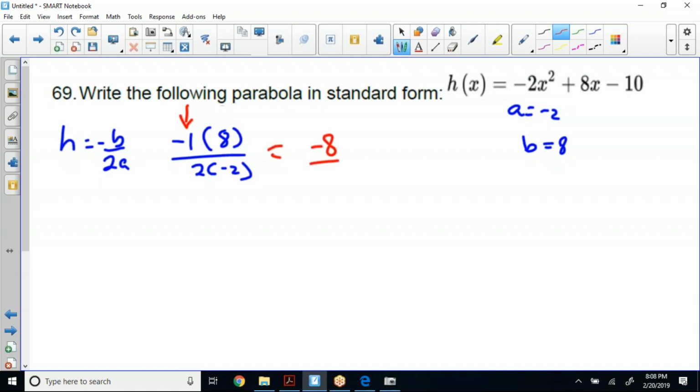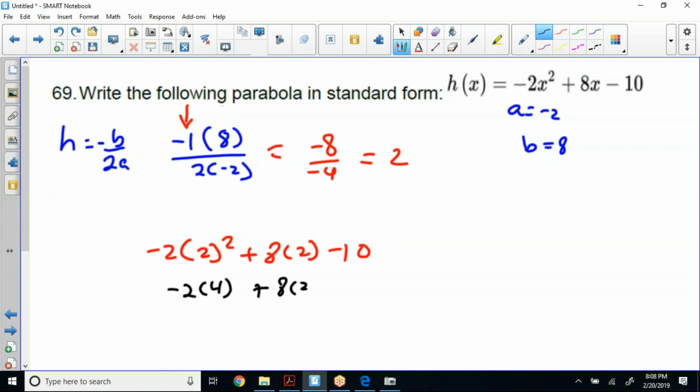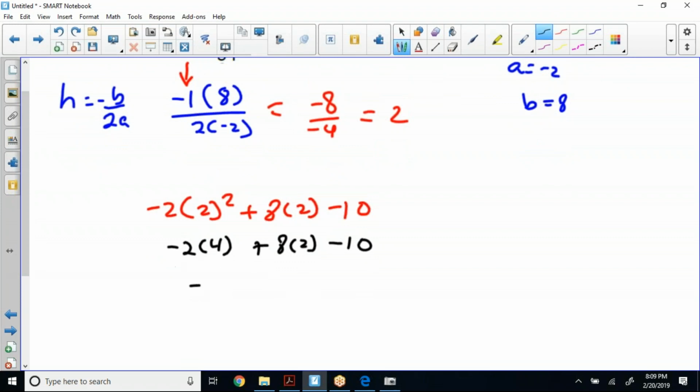So that is negative 8 over negative 4, which is 2, right? So that's the H value, 2. Now I'm going to plug it in here. So 2 squared is 4. I'll just write it out again. So that's negative 8 plus 16 minus 10.